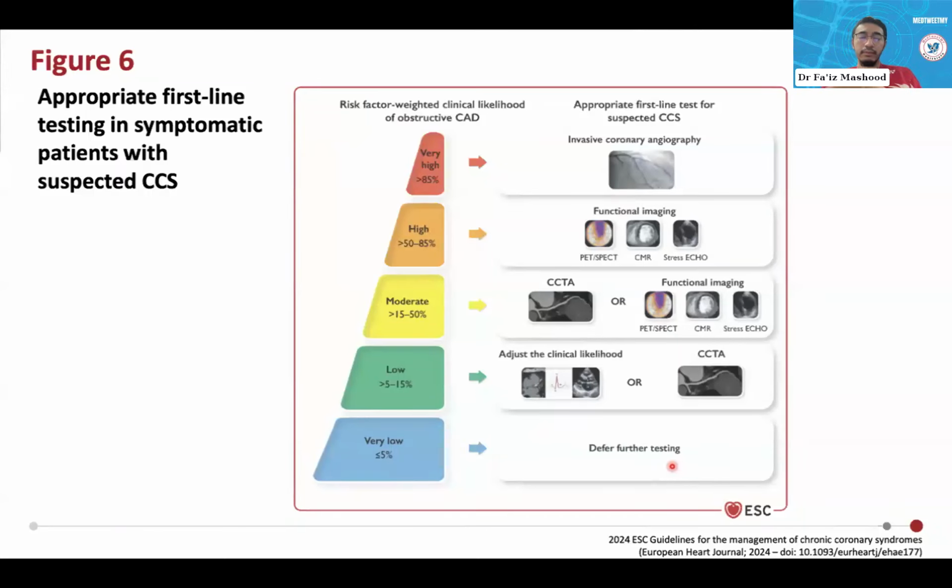All right. But for instance, our elderly lady here, after we put in all the modifier, let's say she falls under high risk. So you can see here, if high risk, we can go with functional imaging. So functional imaging can either be PET or SPECT scan, can be a cardiac MRI, can be a stress echo as well.